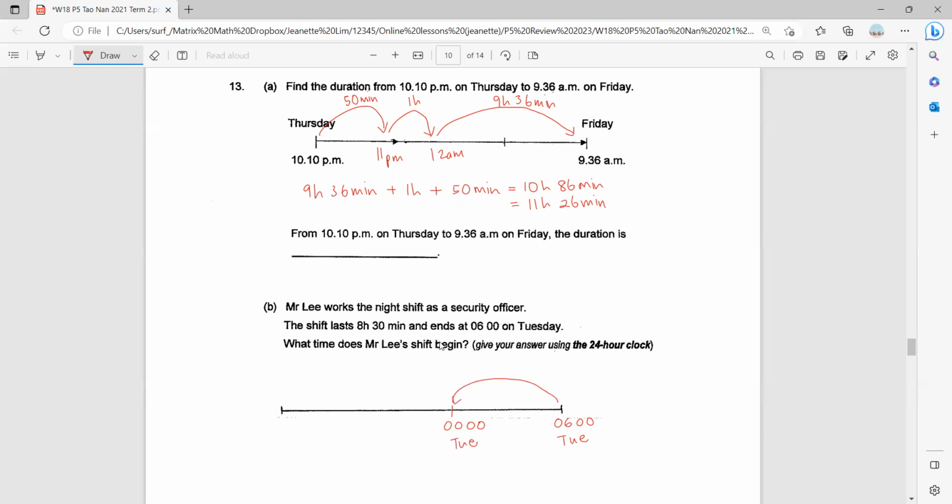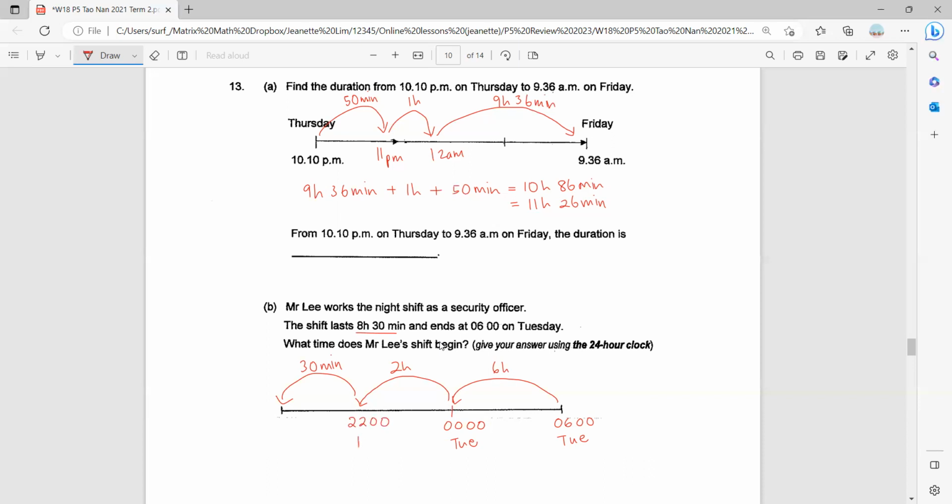At the very, very start of Tuesday. That is 6 hours. Okay, I need to go back another 2 hours, 30 minutes. 2 hours before 12 a.m. is 10, so you take 24 minus 2, which is 22.